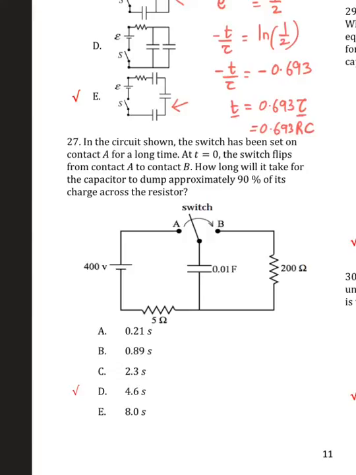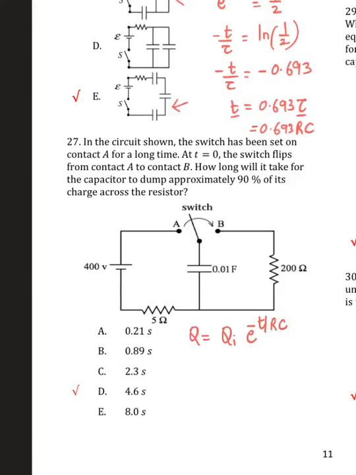So when it is at contact A, it's going to get charged, and when it goes to contact B, it's going to discharge. We need 90% of its charge to be discharged. So we'll write the formula Q equals Qi e to the power of minus t over RC.